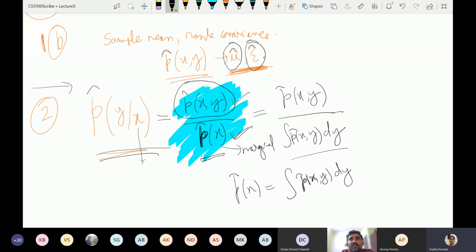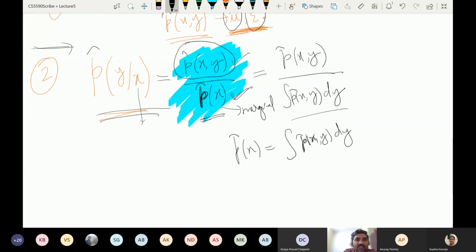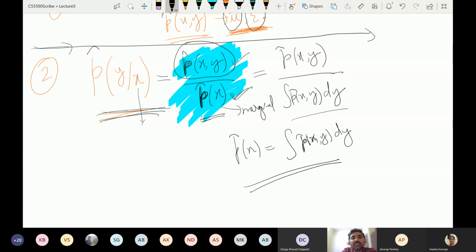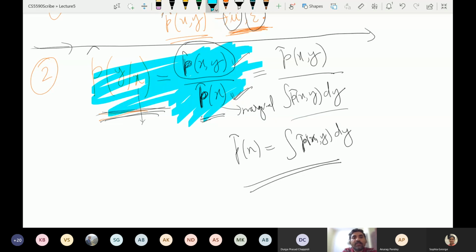So please understand that after step 1 there are no samples. You just have a joint likelihood. Now your question is how will you compute the marginal that is given by this integral, and then from these two how will you compute the posterior that's given by this formula, the blue formula, right?